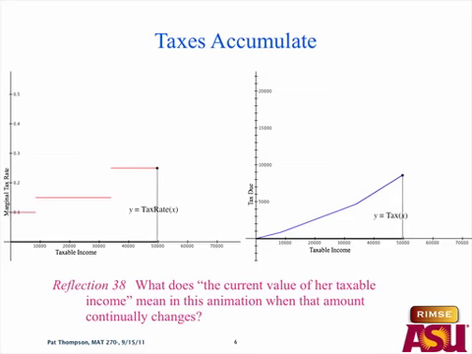So what does the current value of her taxable income mean in this animation? And that amount is continually changing. Any ideas?